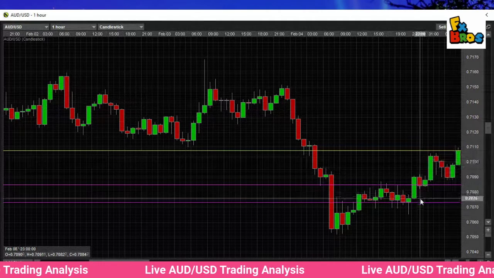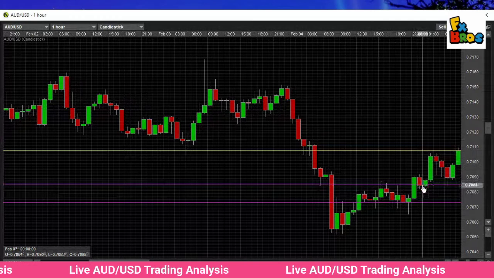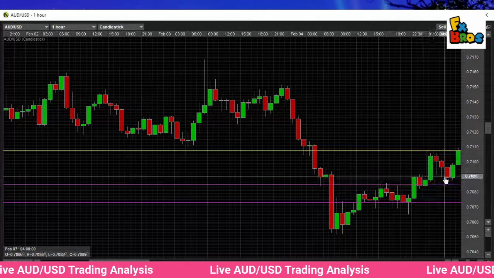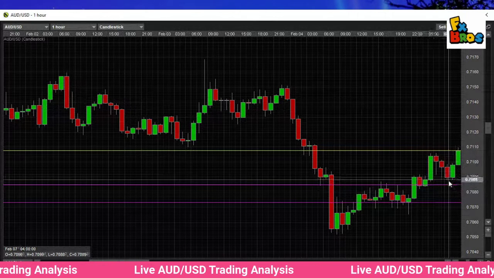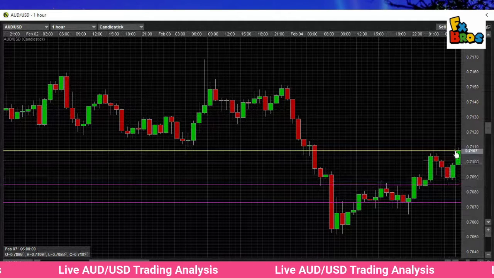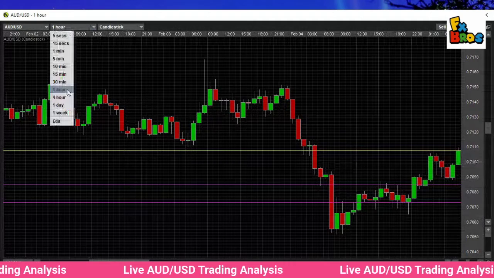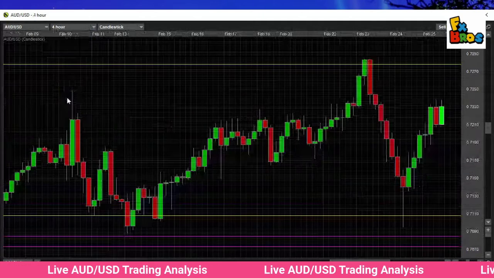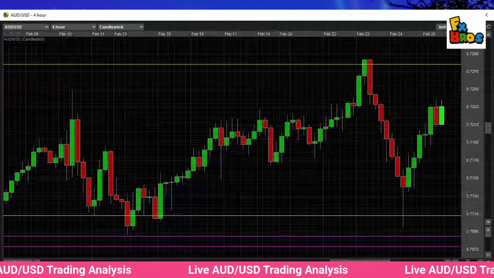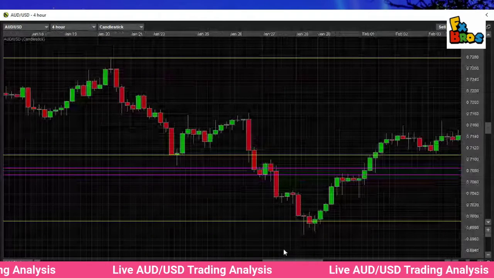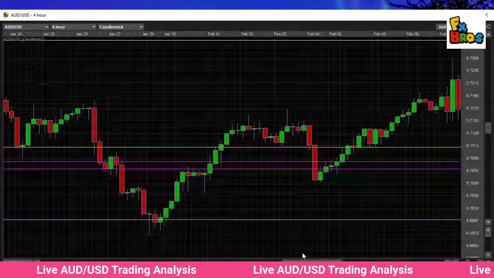So our stops were down here. Entries right here. Didn't really come back below our entry. Bam, take profit. And let's see how that would have looked on the 4-hour. Let's see, right here.